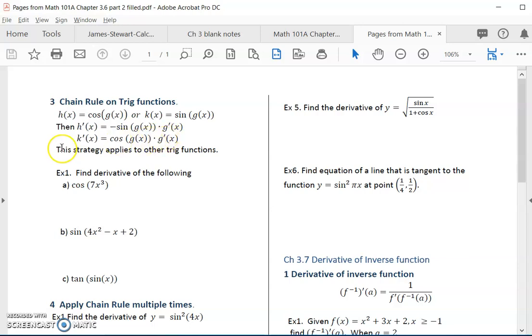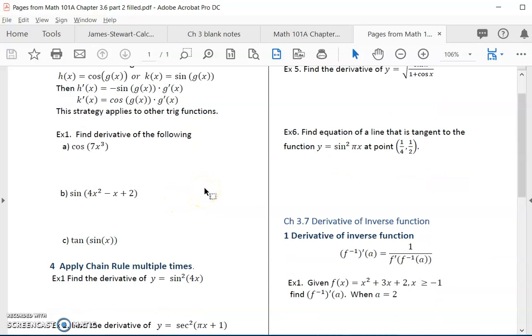Very similar to the general power rule. This strategy also applies to other trig functions, meaning if it is tangent of something, you would do the tangent's derivative and then do the derivative of the inside. So let's do 2 examples.